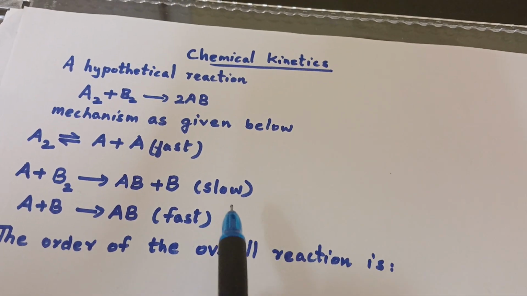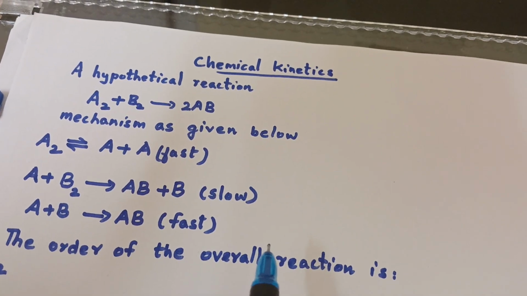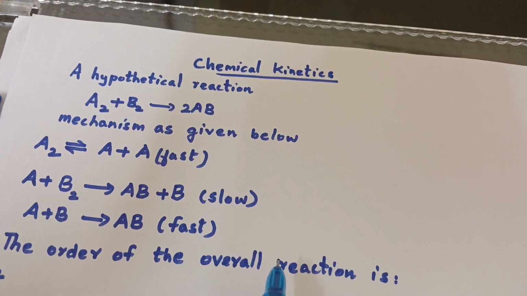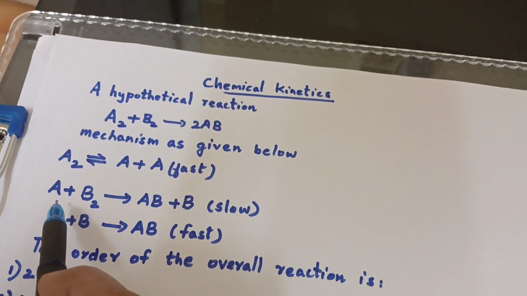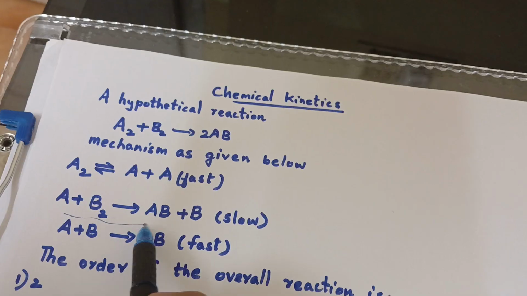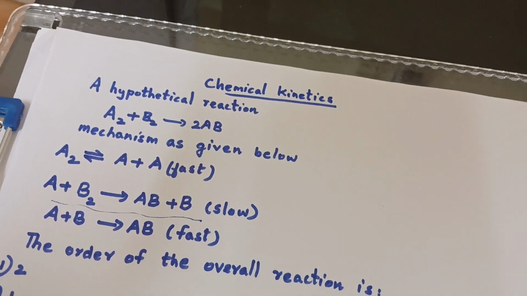Now, we know that in the reaction mechanism, a slow step is the rate determining step. So, which is the slow step? A plus B2 giving AB plus B. That is the slow step. So, let us write that.